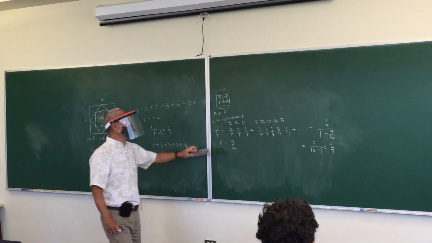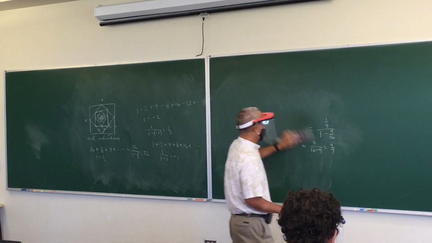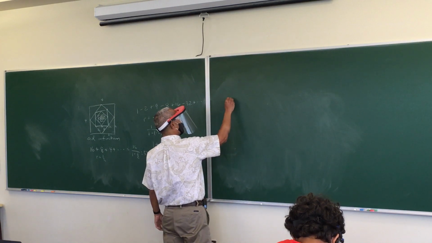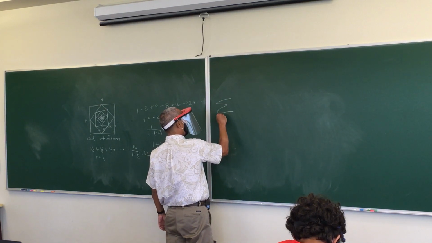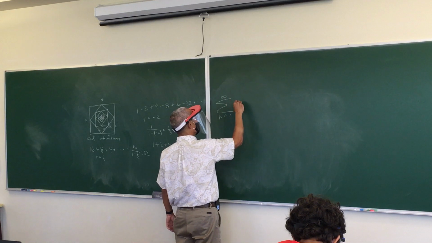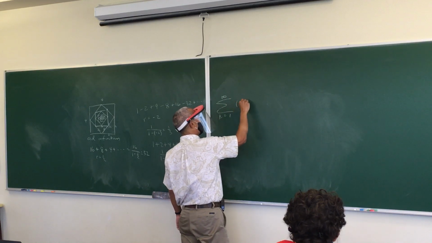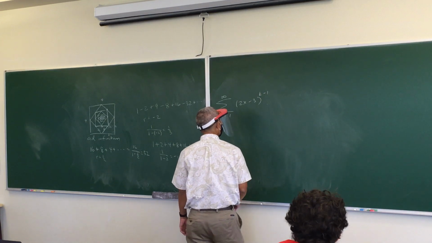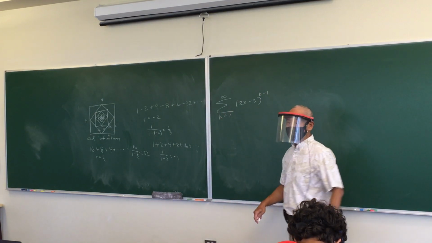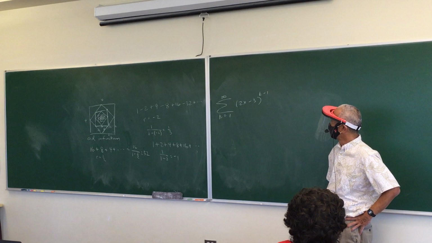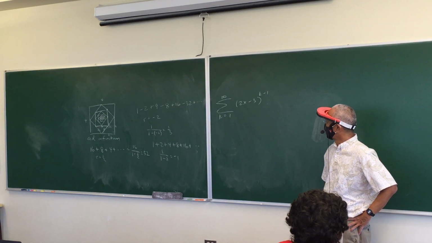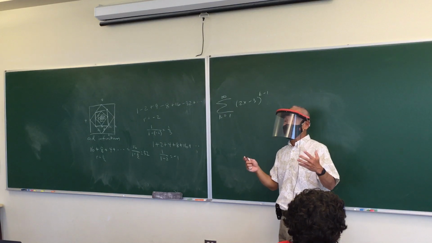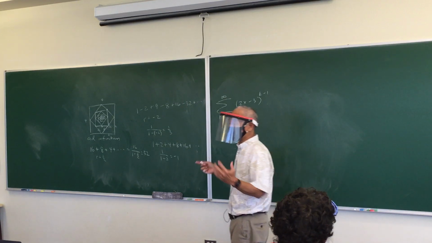Okay, next thing: interval of convergence. Super important in calculus. So what if I give you a series like this: sigma, k equals 1 to infinity, (2x minus 3) to the k minus 1. How do I know this is a geometric series? Because you have something to the k. Now, if you don't know, write out the first few terms.